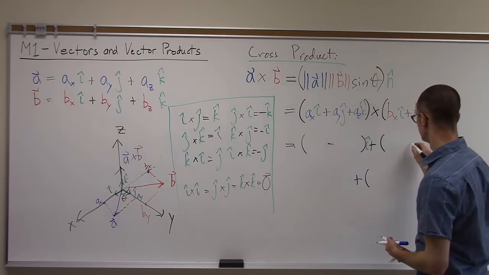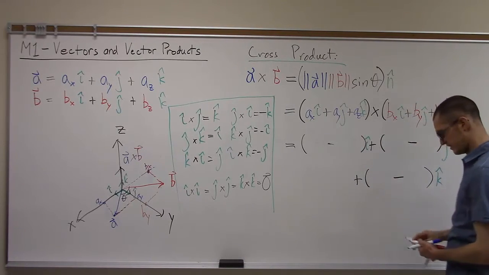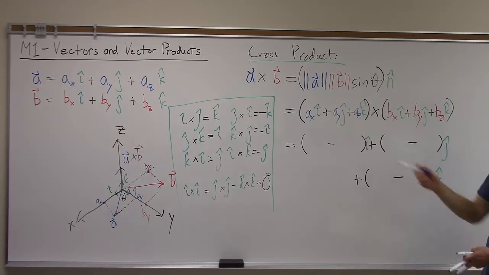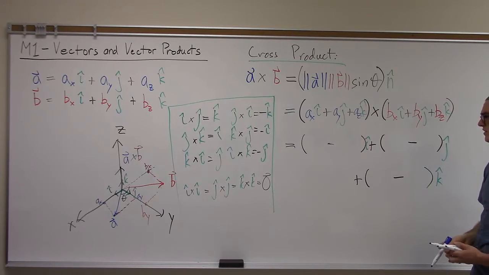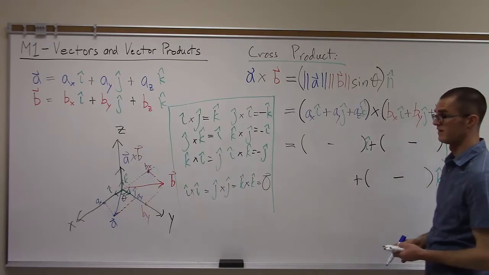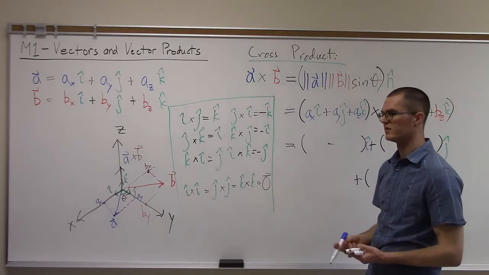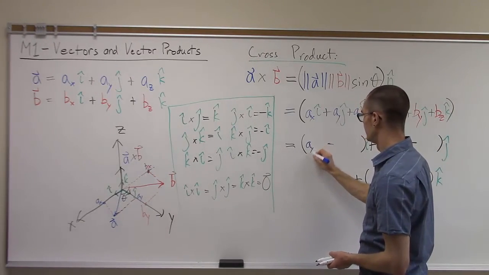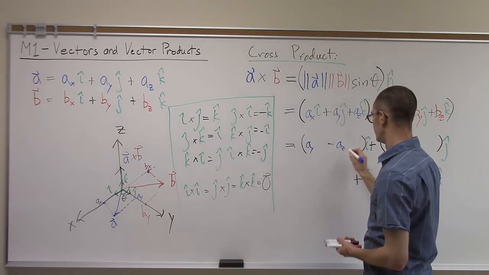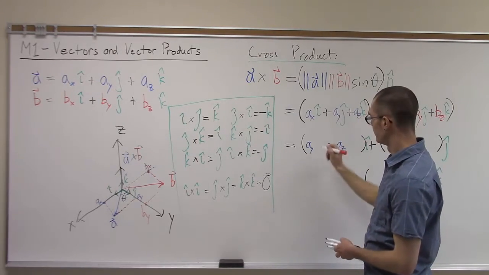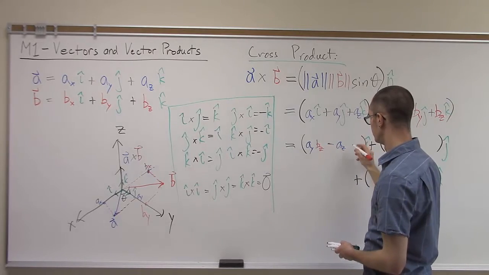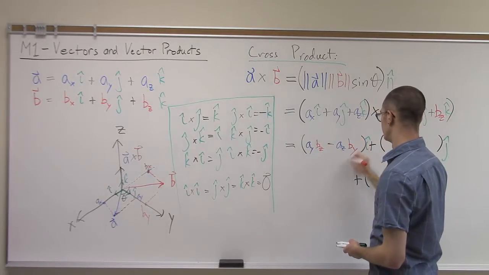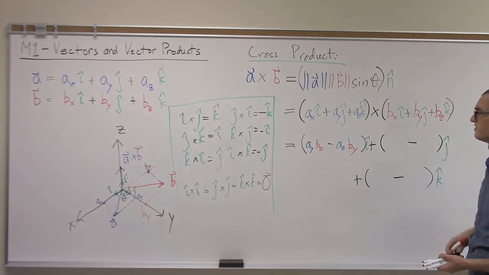In each of these there's going to be a subtraction. In the I direction, or the x direction, we're looking at the y and z components. So we're going to have ay and az, bz and by. So it's ay bz minus az by.